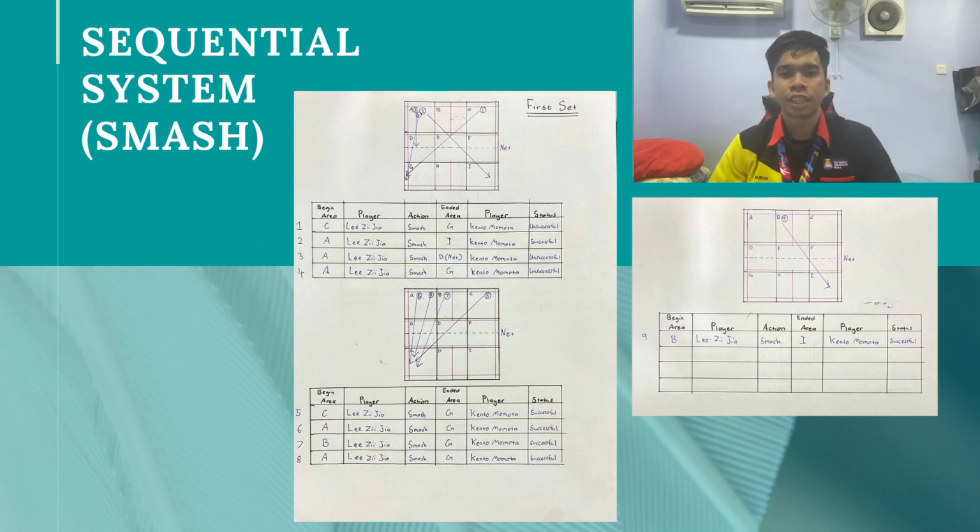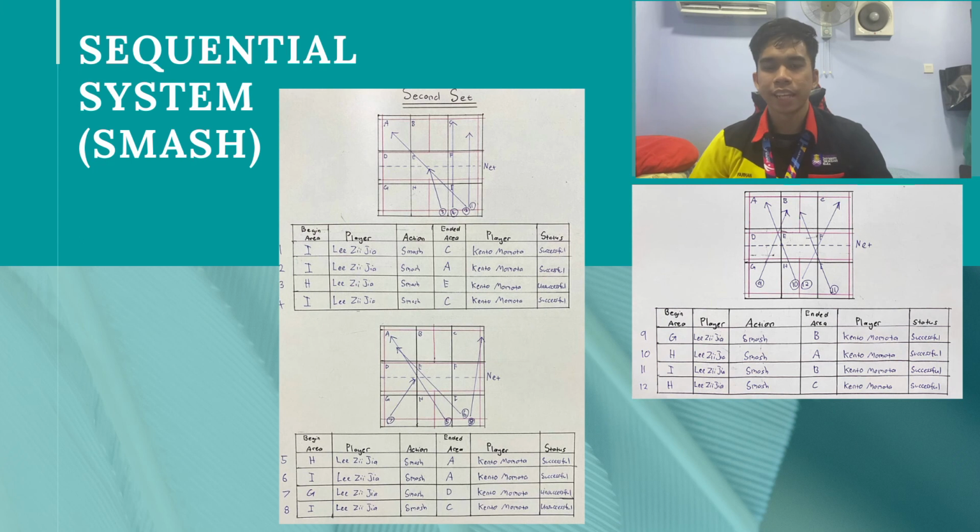So first, let's take a look at the first set of the sequential analysis for smash. There are 6 successful smashes in total and 3 unsuccessful smashes. The 3 unsuccessful smashes are due to the shuttlecock hitting the net and hitting the outside line of the court.